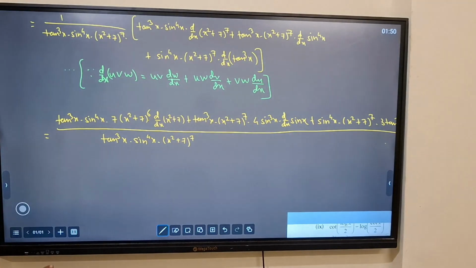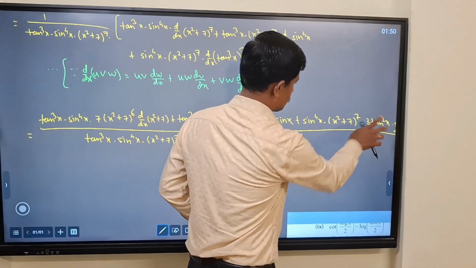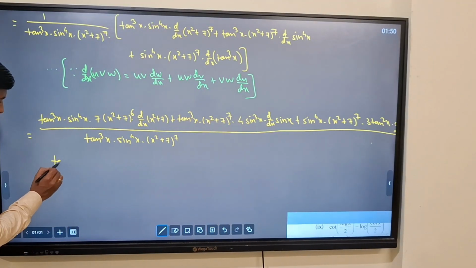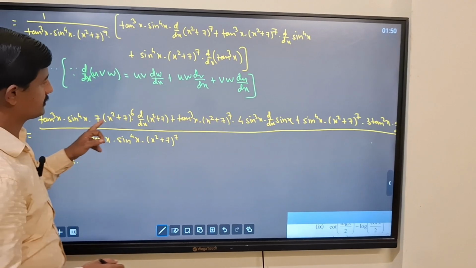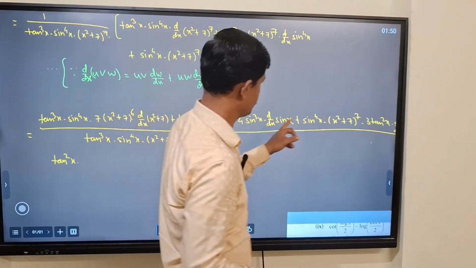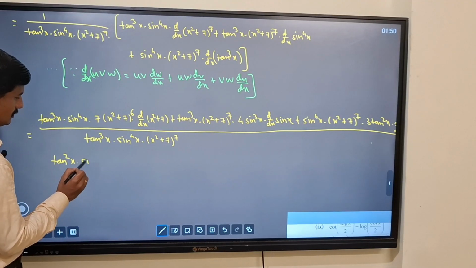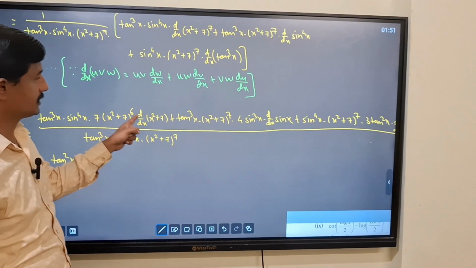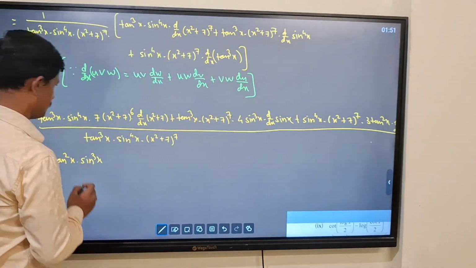Now I will take some terms as common. Here it's tan square x, here is tan cube x, and here again tan cube x. So I will take tan square x as common, into here sine raised to 4x, sine cube x, and sine raised to 4x. So sine cube x is common. Here x square plus 7 raised to 6, here x square plus 7 raised to 7, and here x square plus 7 raised to 7.